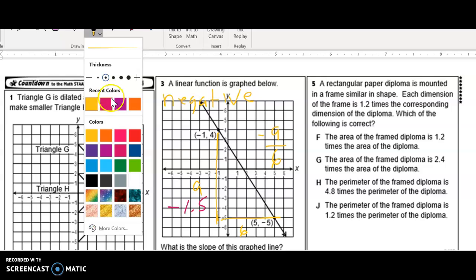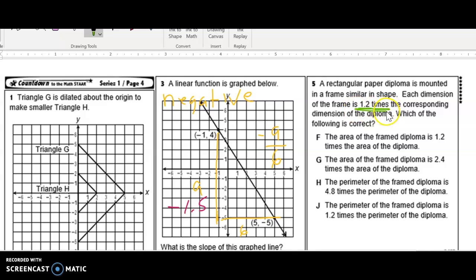Number 5. We have struggled mightily with this one. But what I'm doing is I have 1.2 times, and that is a scale factor. And so how is area affected by scale factor?